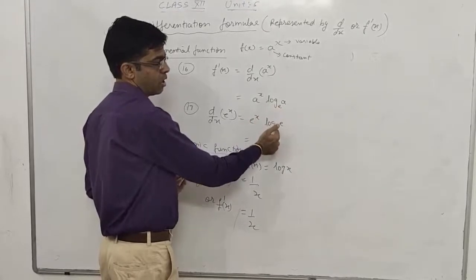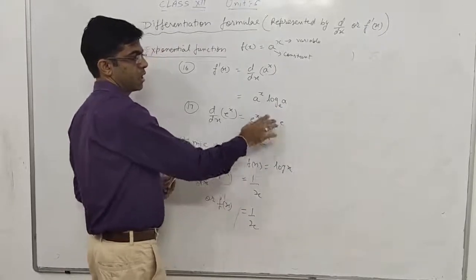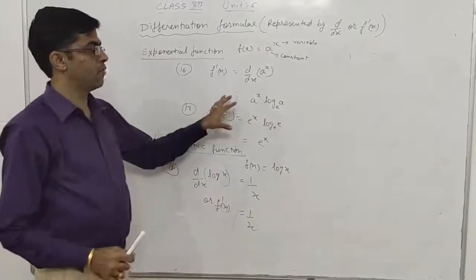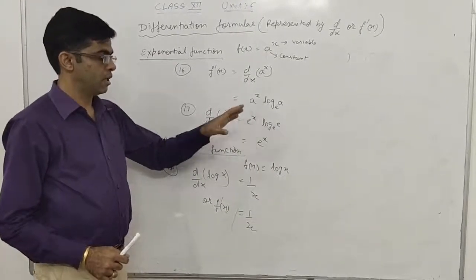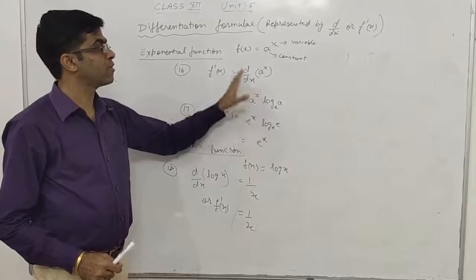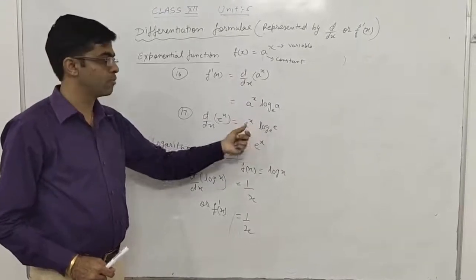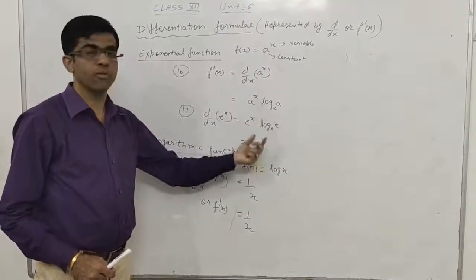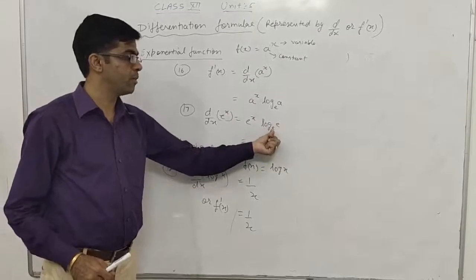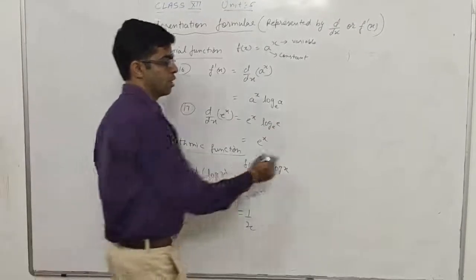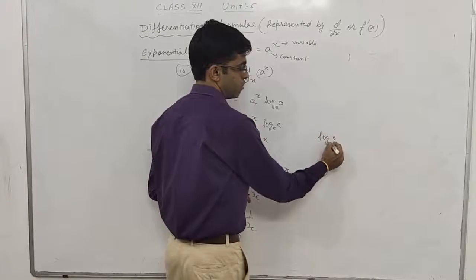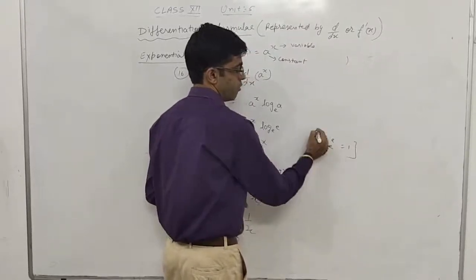So log e base e. This we will study in the next exercise. This exponential function and logarithmic function will also come. So we will see the properties of logarithm. So log e to the base e is 1.